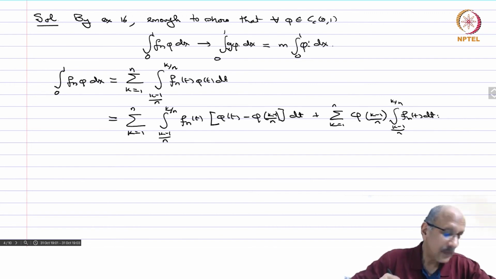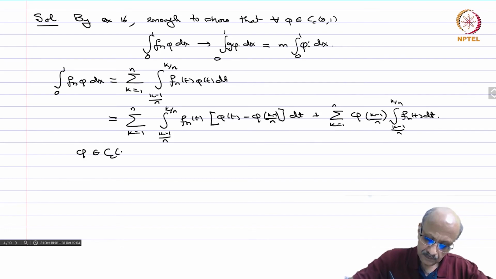Okay. Now, phi is continuous with compact support. Therefore, it is uniformly continuous.